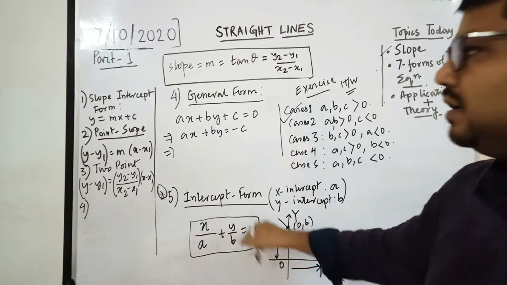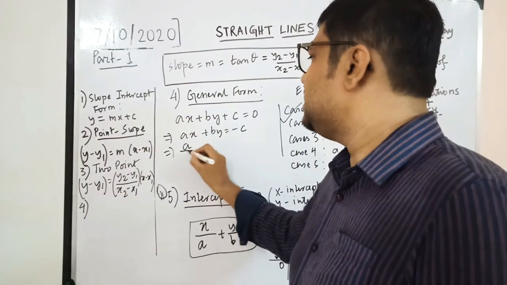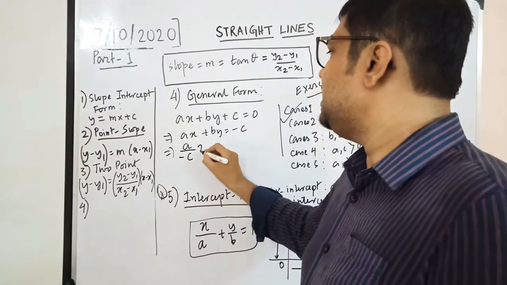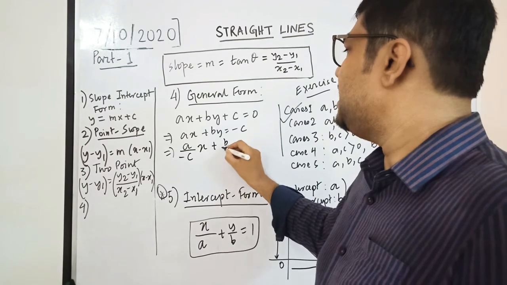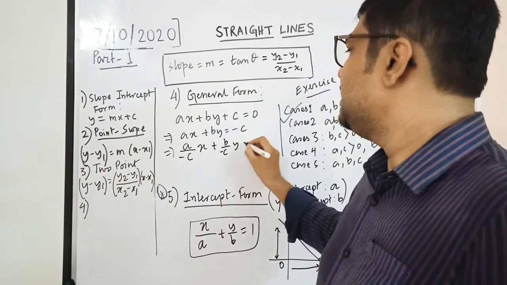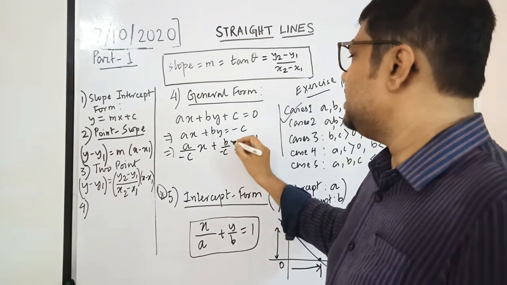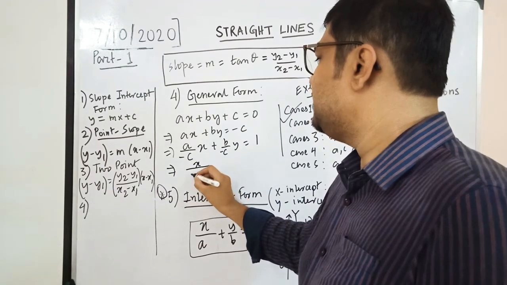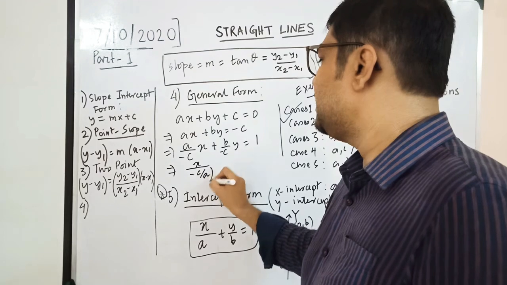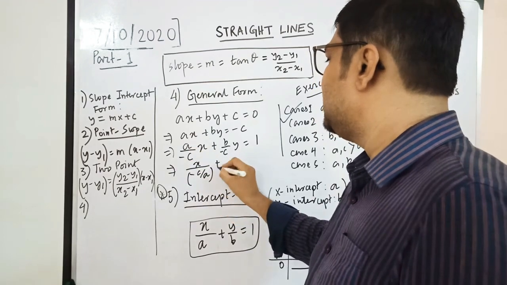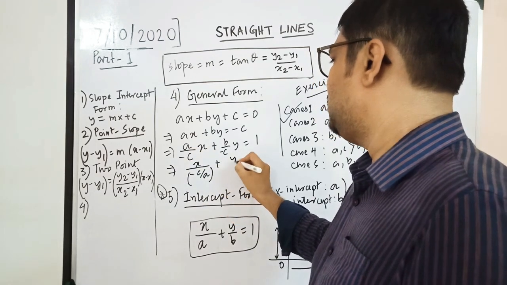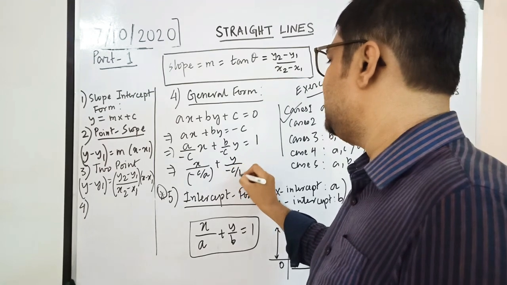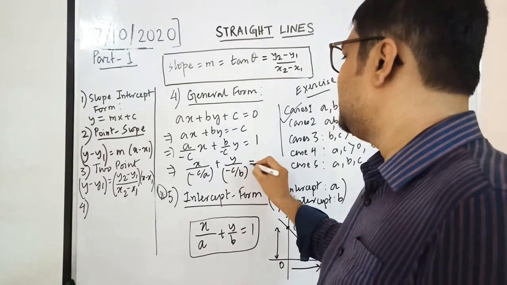So if I divide by minus c, a by minus c x, then b by minus c y, then equal to 1. After this I can write x by minus c by a, bringing a down, then y by minus c by b, then equal to 1.